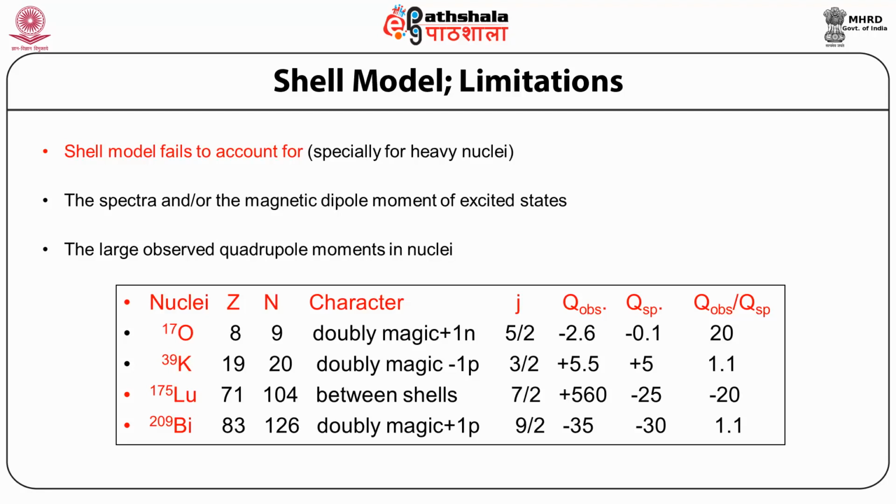So these are only a few cases where we have seen that the experimental quadrupole moment does not match what it should have been as per the shell model. It means the shell model is limited. The shell model doesn't explain everything for nuclei.